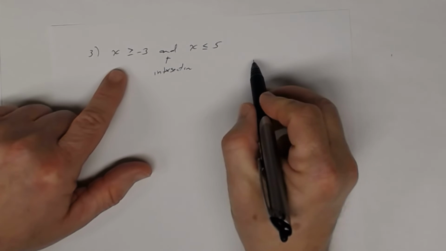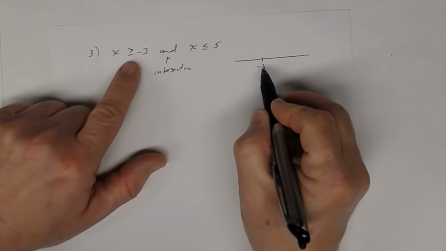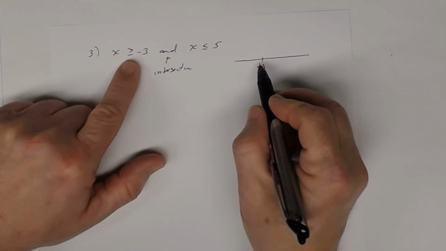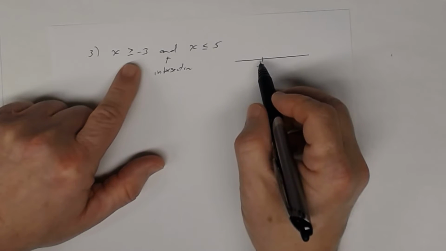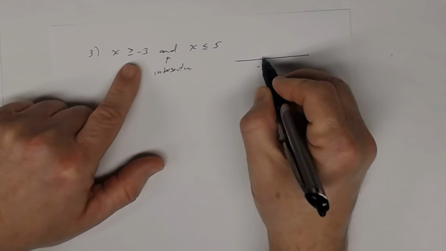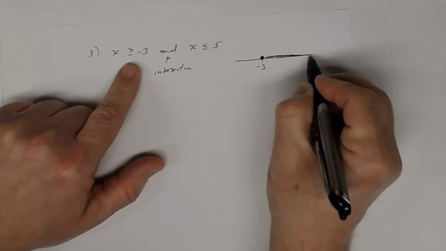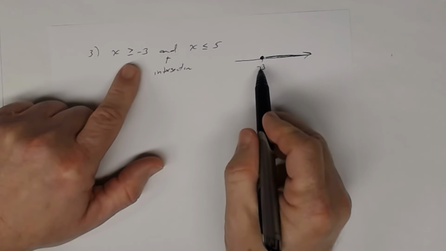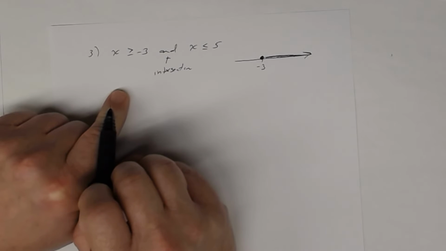So let's graph each one individually. So here is -3. And there's an equal sign, so I'm going to use a bracket or closed circle. Does not matter which one you use, bracket or closed circle. But you're going to shade in everything to the right. So everything to the right that's shaded, including -3, is a solution to this inequality right here.